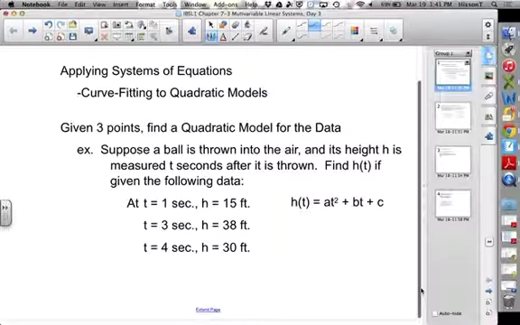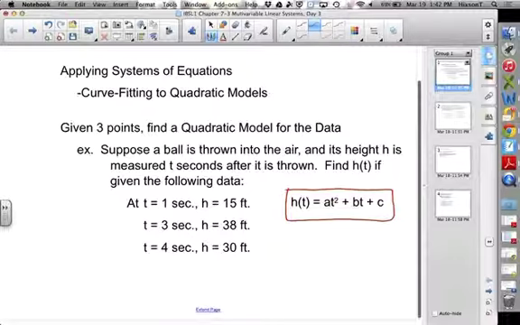We've got a camera set up, and 1 second after we throw it, we take a picture and we can tell its height is 15 feet, and then 3 seconds after we're at 38 feet, 4 seconds after we're at 30 feet, and we want to fit this to this model here, h of t equals at squared plus bt plus c.